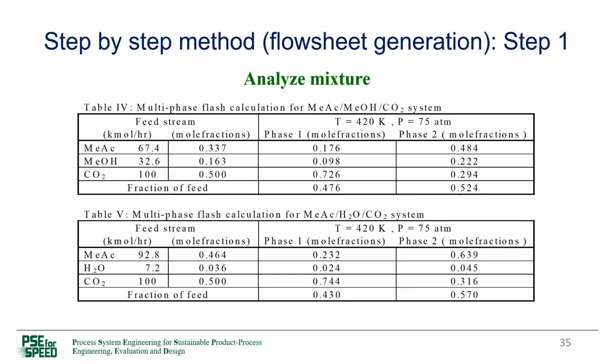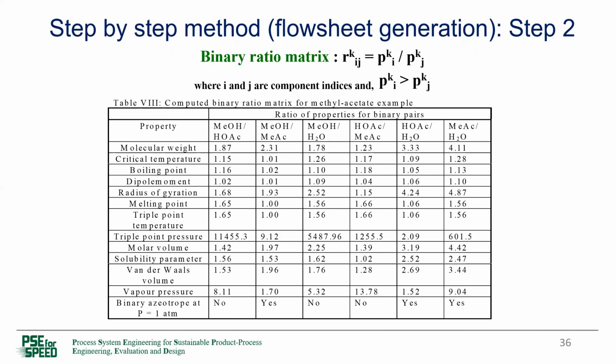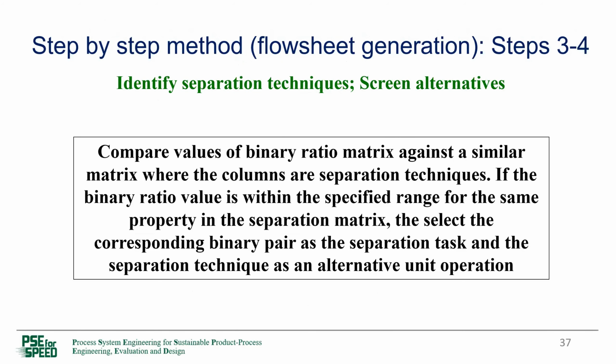And then here is a binary ratio matrix. In this case, the columns are the binary ratios. There are 6 binary pairs, and the rows are the different properties. And then based on these, we find out from our knowledge base what are the separation techniques.